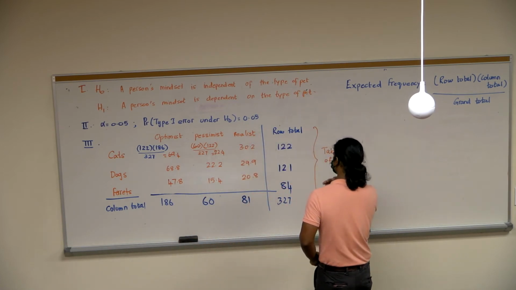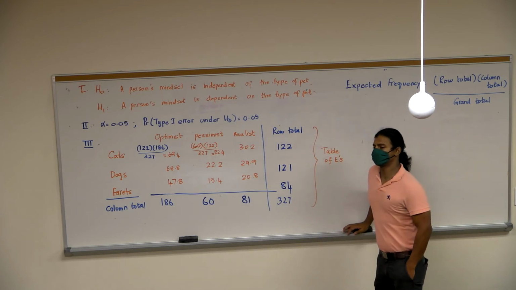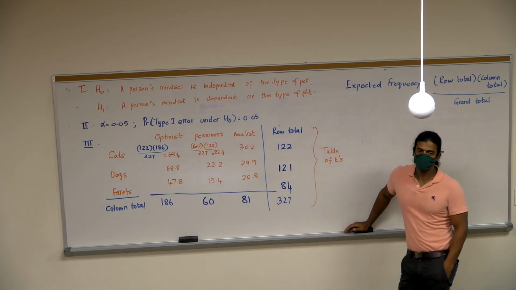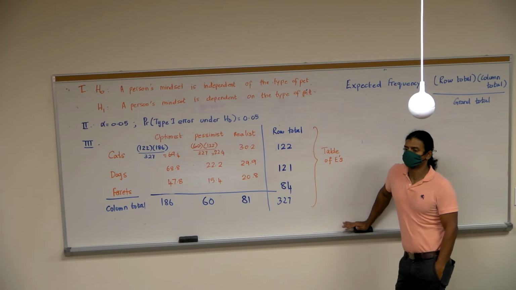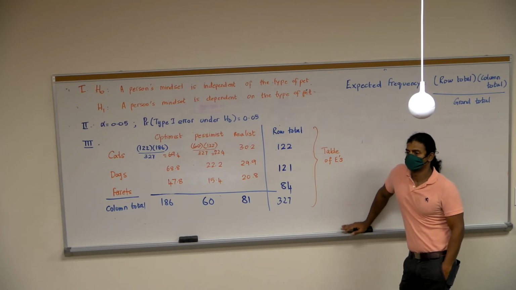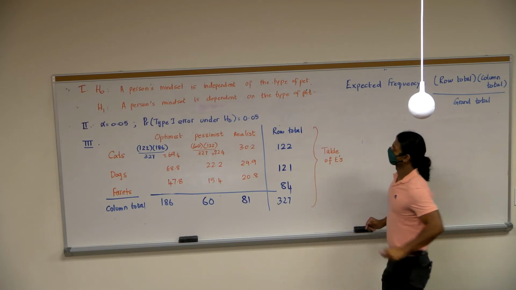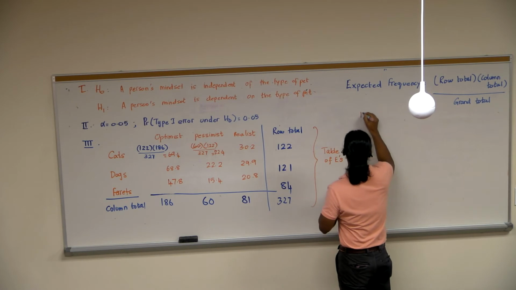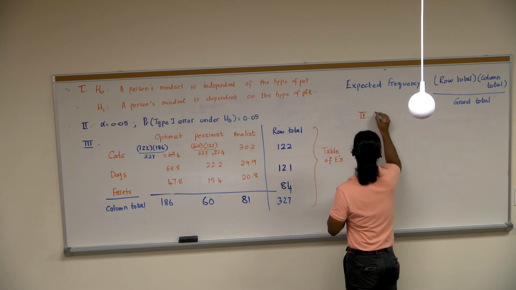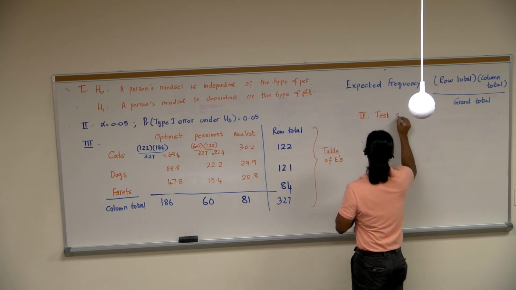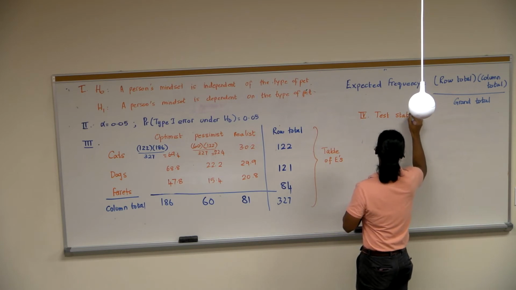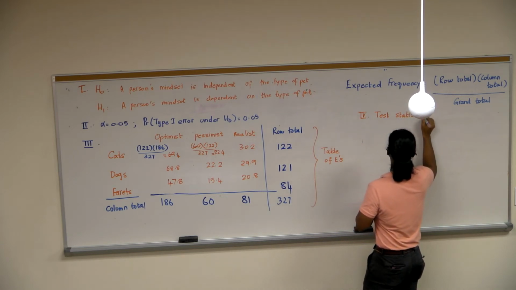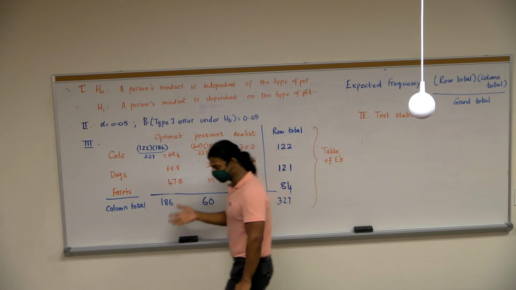So last time, with the goodness of fit test, when we had a bunch of O's and a bunch of E's, what did we do? You can look at the notes.